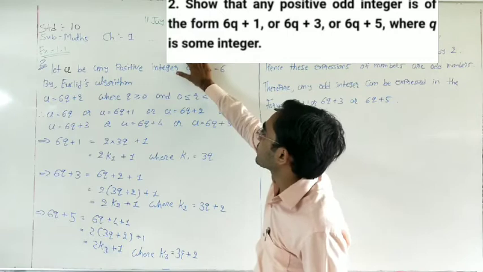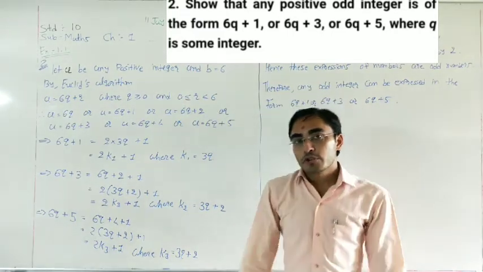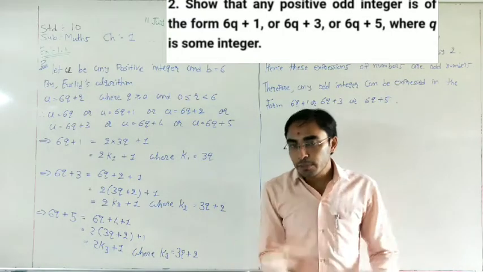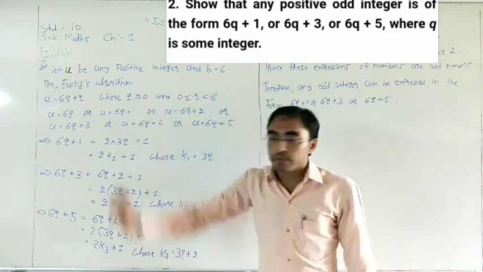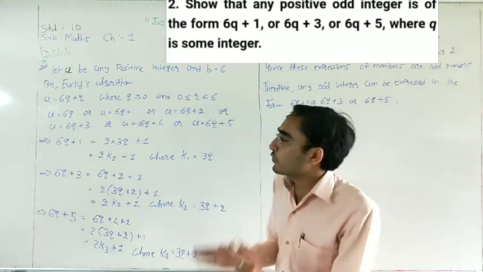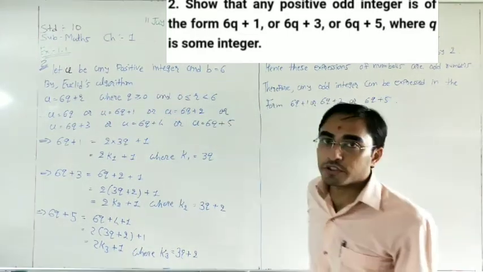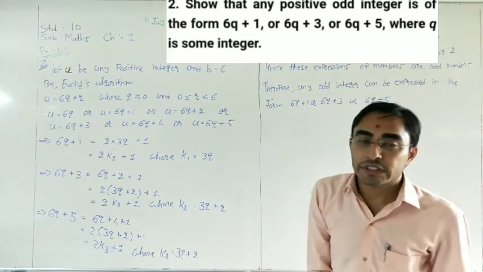Okay, a is any positive integer because here it is given in the question: show that any positive odd integer. That positive integer is our a. So assume a be any positive integer and b is equal to 6.